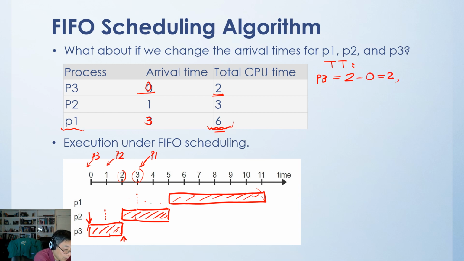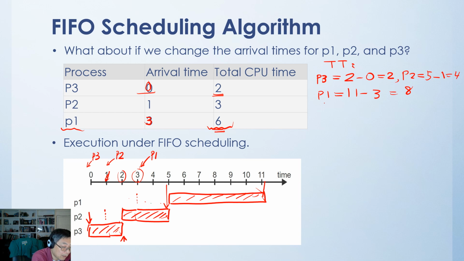And process 2 arrives at time 1 and terminates at 5. So it's 5 minus 1, that's 4. And process 1 arrives at time 3 but finishes at time 11. Still 8.